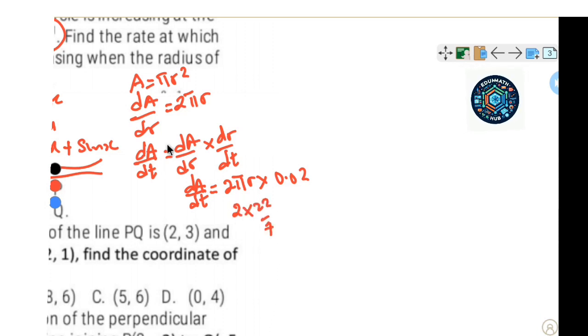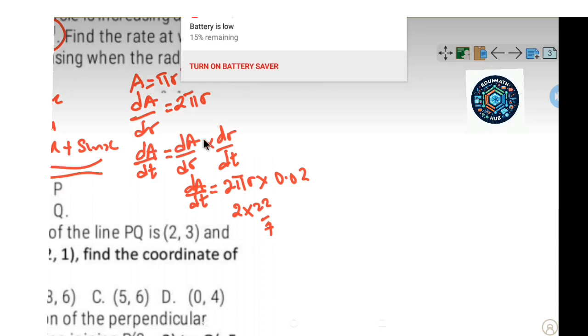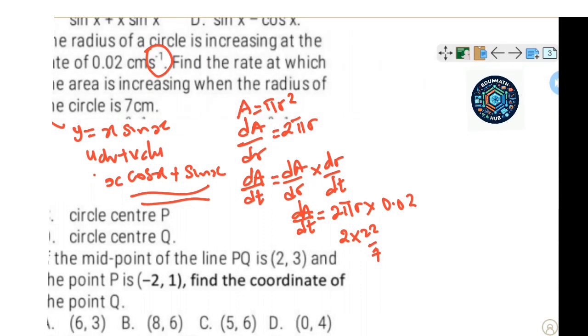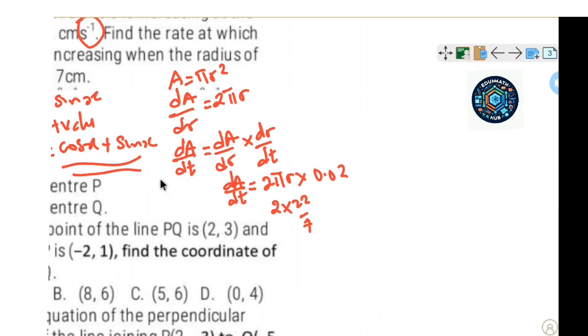Now we're given the value of the radius. The value of the radius is 7 centimeter. So that means when r is 7, you have to find the rate at which the area is changing when the radius is 7. So you move back to this point and put 7 here.